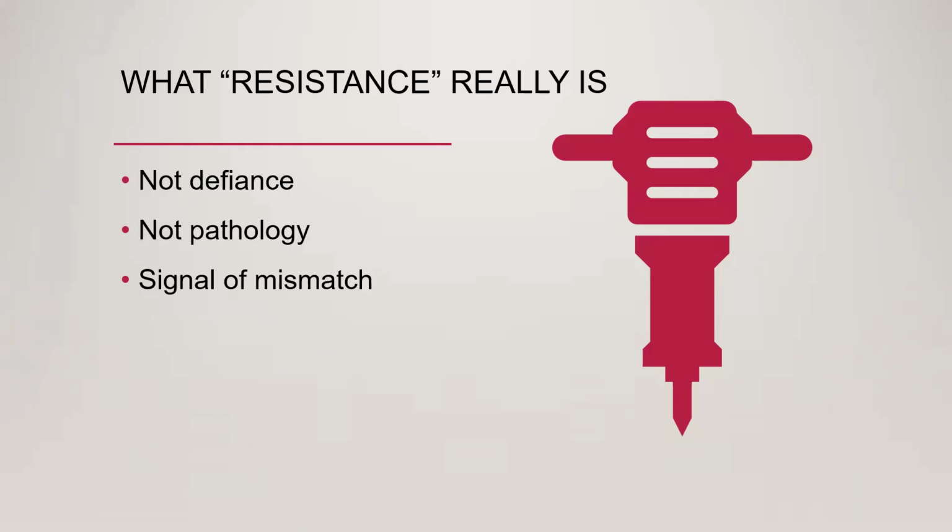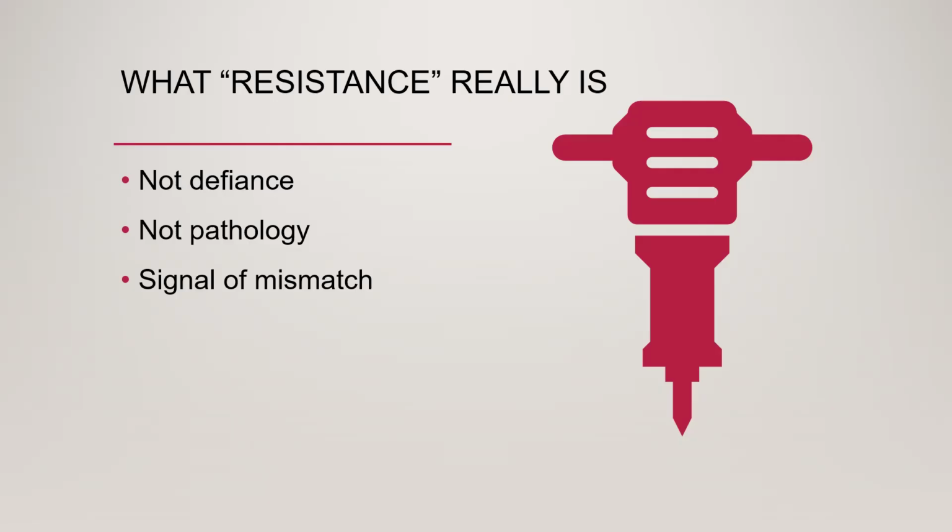Now, what is resistance? When MI practitioners say resistance, what is it? Resistance often means the therapist pushed too fast in MI. Resistance is not defiance, it's not pathology, and it doesn't signal a mismatch between the client and the therapist. Many times when we say, oh, the client is resistant, it's very likely we as therapists pushed too fast.